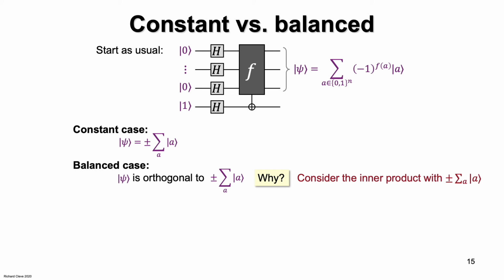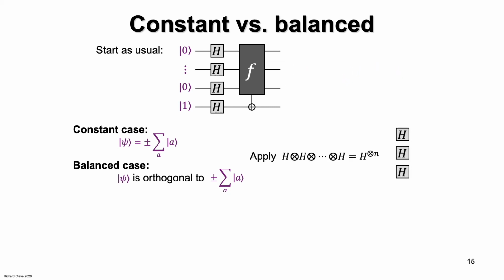One thing that we've seen a few times now is that when the cases that we're trying to distinguish result in orthogonal states, we're in good shape. Because being orthogonal means that, in principle, the states are perfectly distinguishable. Let's make things more explicit. Suppose that we now apply a Hadamard to each of the n qubits.